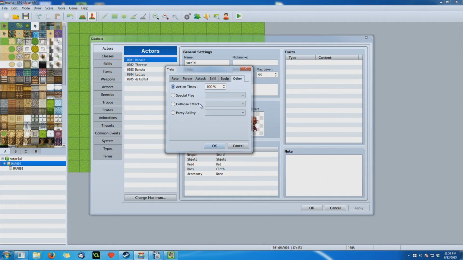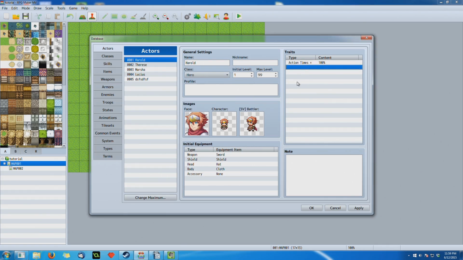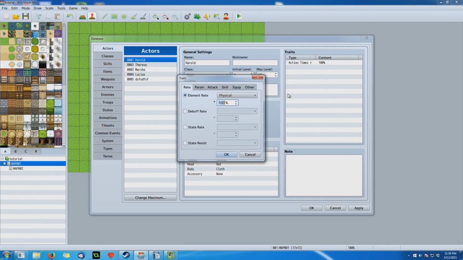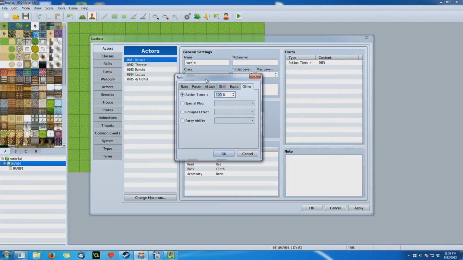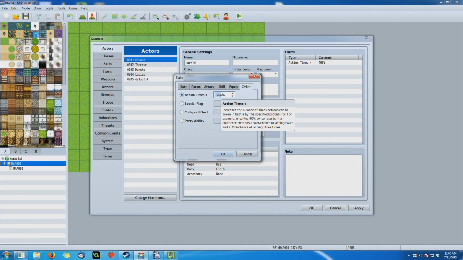If we were to set action times to, say, 100%, you might be thinking that only allows us to do one move. No. Each time we add this to a traits thing, it's actually a chance for another thing to be allowed to do during a turn. So 100% means we are 100% allowed to do a second thing during that same turn.